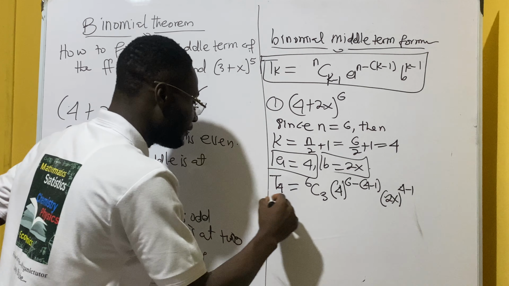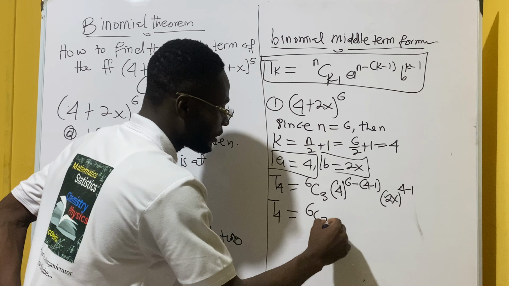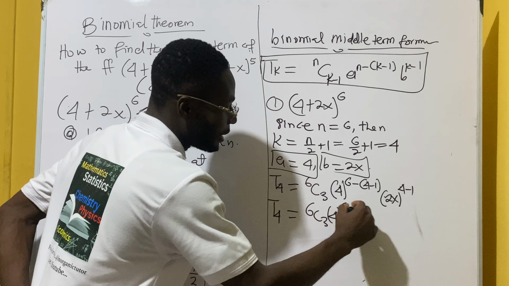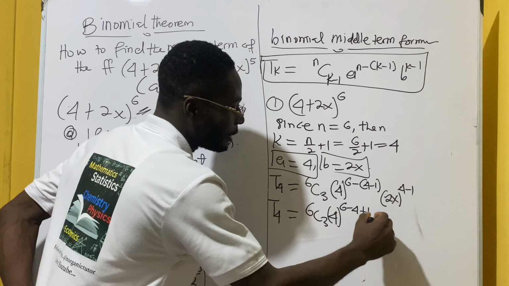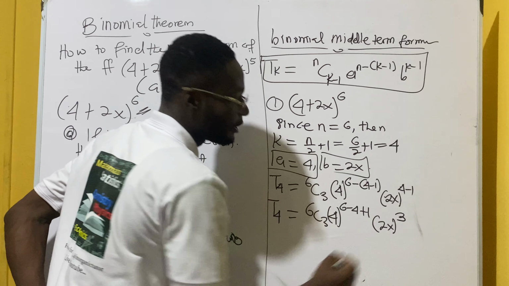So we have our middle term to be equal to 6 combination 3, 4 exponent 6 minus 4 plus 1, times 2x exponent 3.